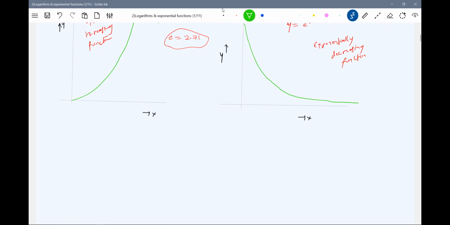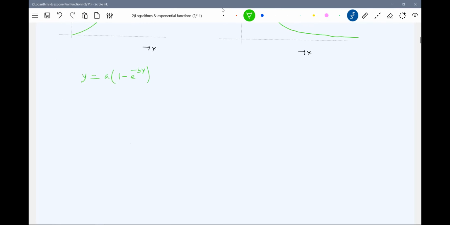Now after this, we have a few more, like y equal to a to the power of 1 minus bx. This is also exponentially increasing. So how will the corresponding graph be? Already we have seen certain ideas in the plotting of graphs. Once again, I'm just putting it here.